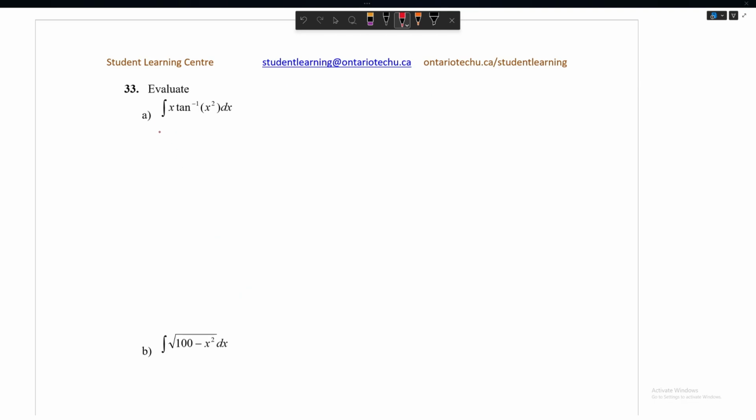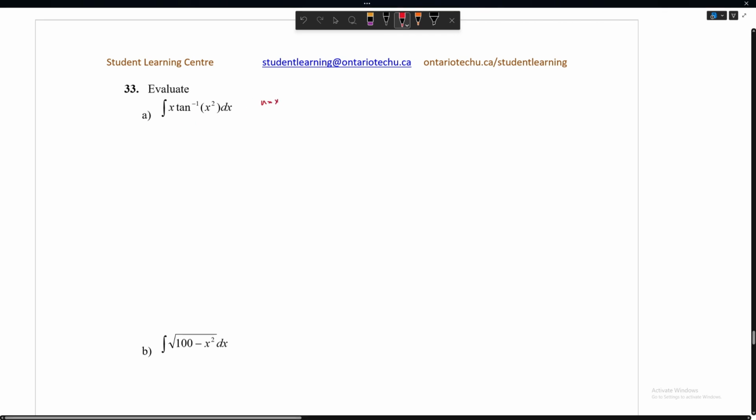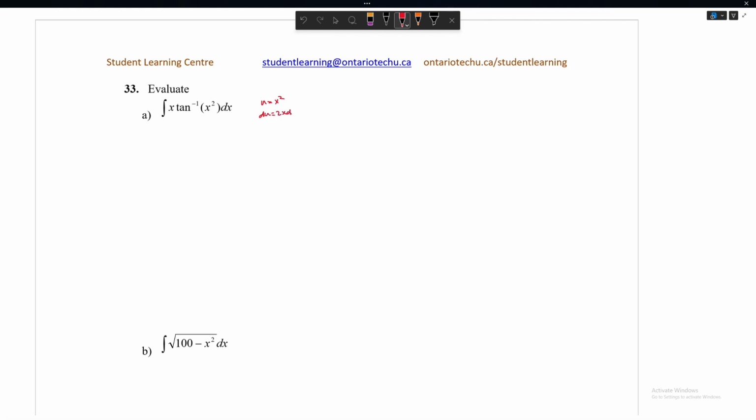All right, integrating this, we do a u sub. Now sub it in. What you'll get is 1 over 2, the integral of tan inverse u dx.